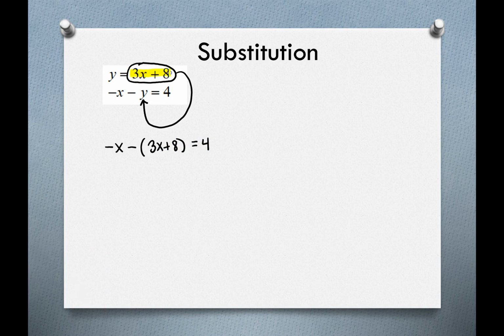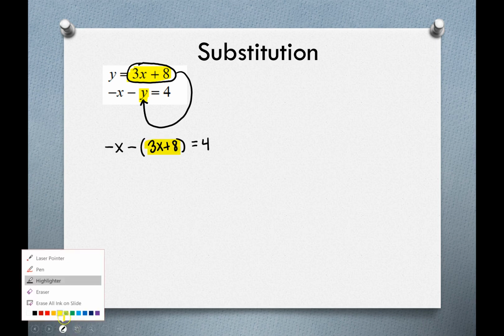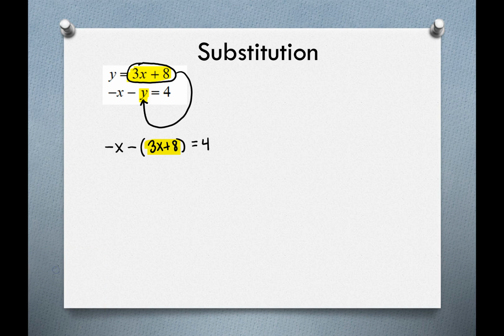This 3x plus 8 went in right here. And so you can see that I have the same exact equation written, negative x minus y equals 4, but instead of saying a y here, I'm putting in this value because that is the same thing as y.